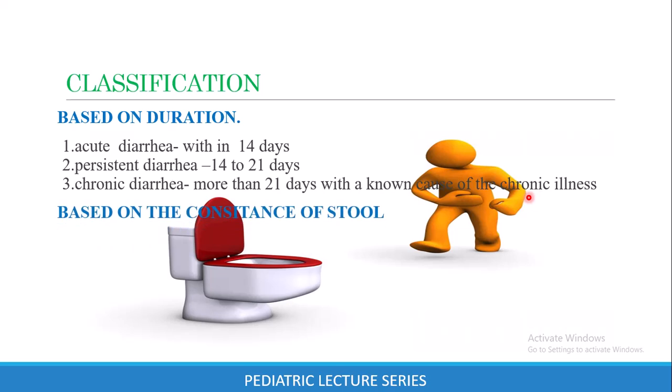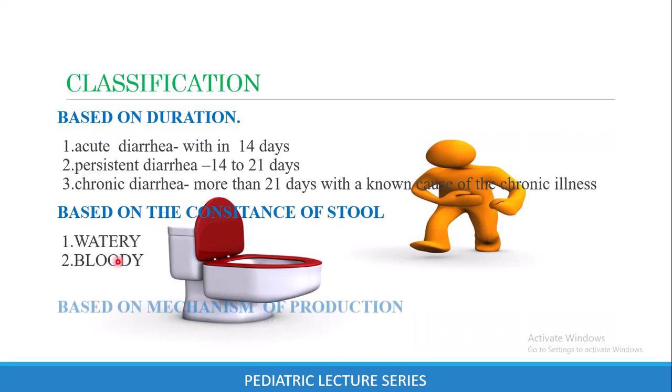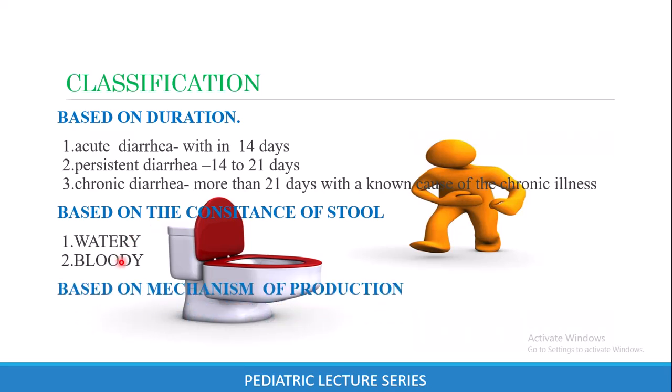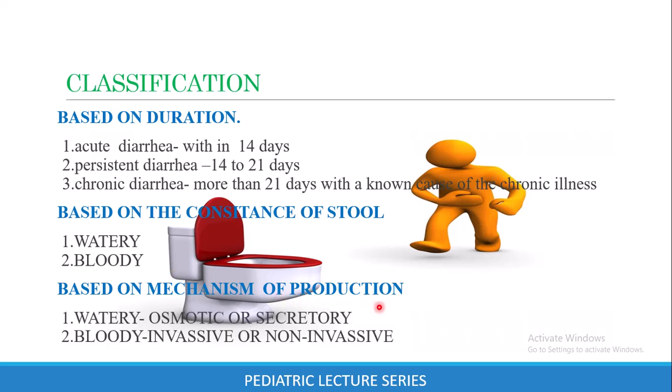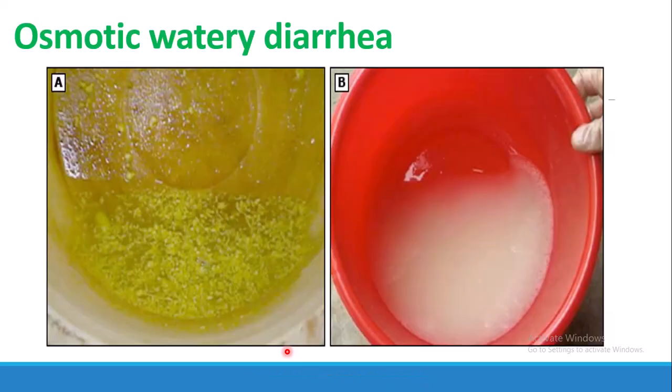If we classify based on the consistency, you can have watery diarrhea and then bloody diarrhea. If we classify based on the mechanism of the production of stool, you're going to have watery diarrhea, which gives us two types of diarrhea, that is osmotic and then secretory diarrhea. And then the bloody type will give us two more, that is invasive and non-invasive, as we shall see the details in the following slides.